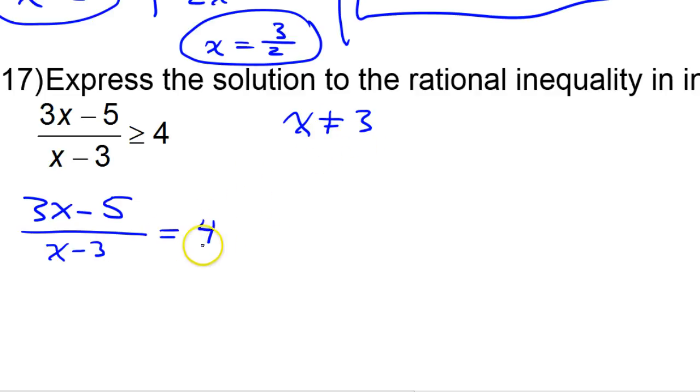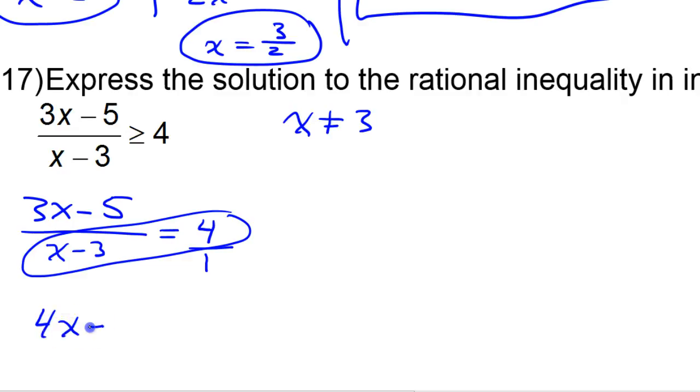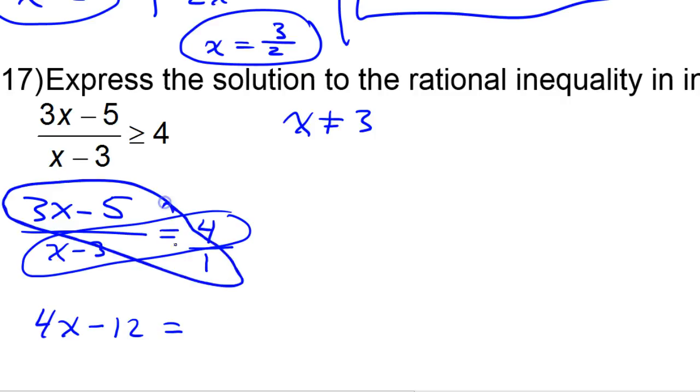So there are lots of ways to solve this, but one way to look at it is think of this as 4 over 1 and cross multiply. So if I do that, 4 times x minus 3 gives me 4x minus 12. And then I set that equal to the other diagonal, 1 times 3x minus 5, which is just 3x minus 5.